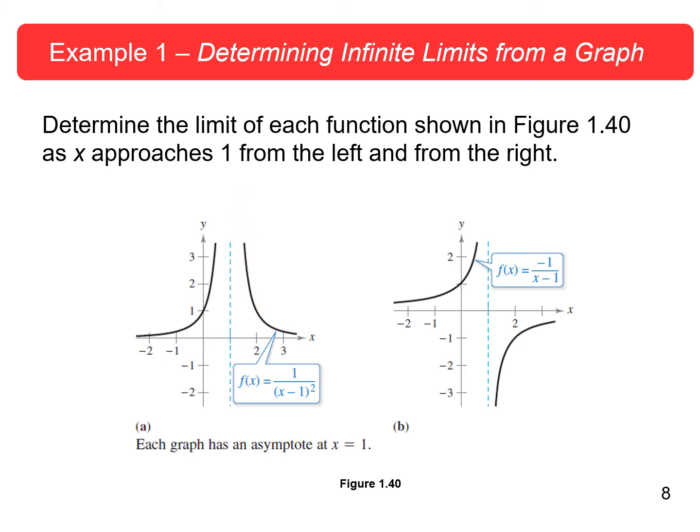And in the second graph, the limit as x approaches 1 from the left is positive infinity, while the limit as x approaches 1 from the right is negative infinity. Although in this case the left-hand limit and right-hand limit are not the same, we can tell by looking at the graph that both of these functions have an asymptote at x equals 1.